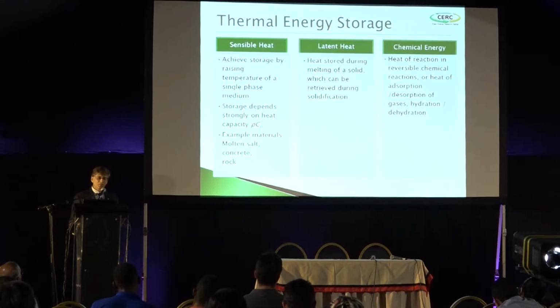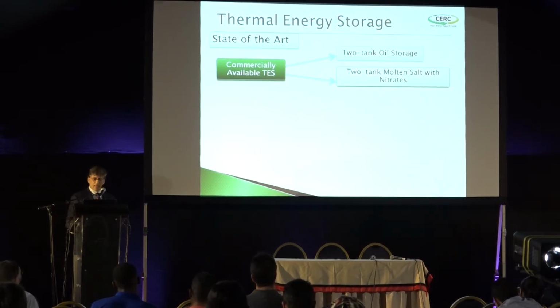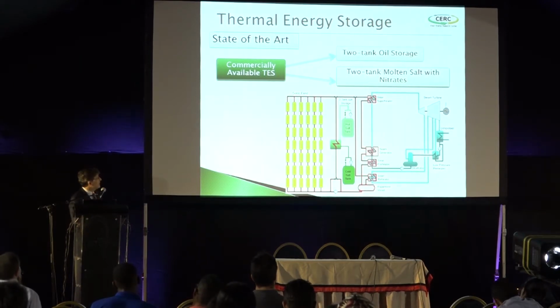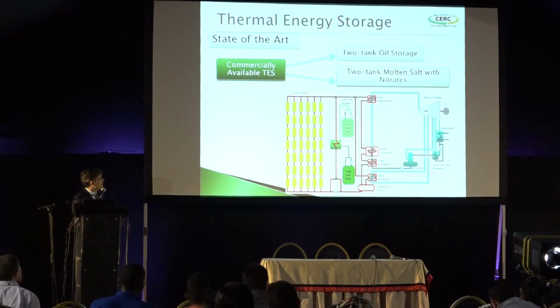At the present time, though, the commercially used thermal energy storage is a 2-tank oil storage or 2-tank molten salt with nitrate salts. And this is what that would look like. So if this is the solar field and this is the power plant, you have a hot tank which has the molten salt, and you have a cold tank which has the colder molten salt.